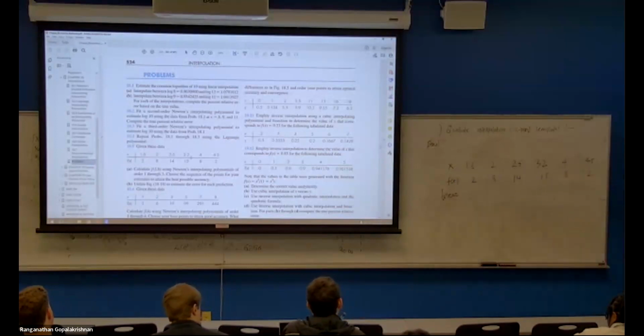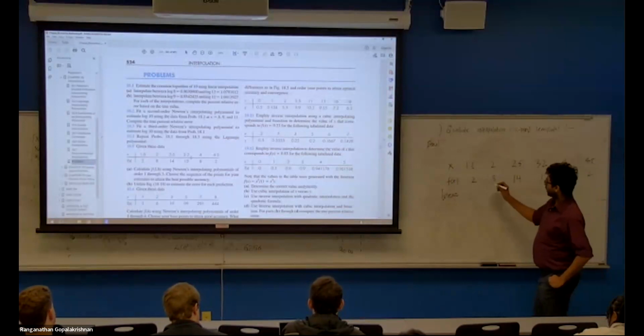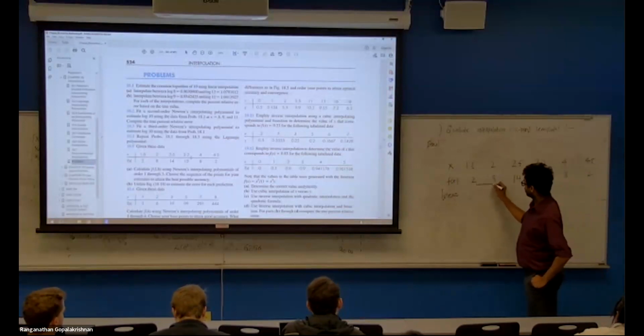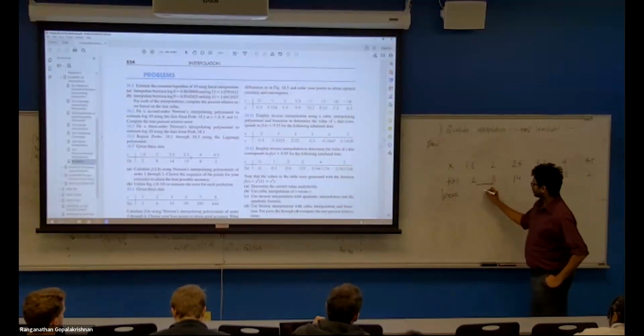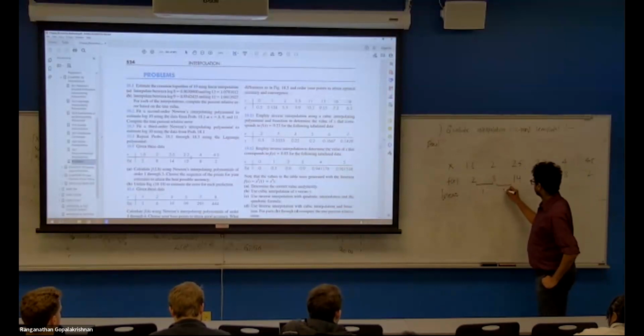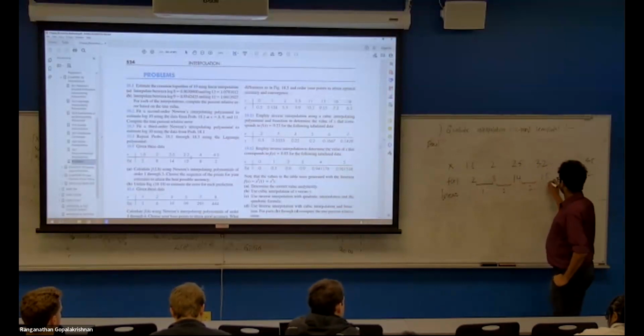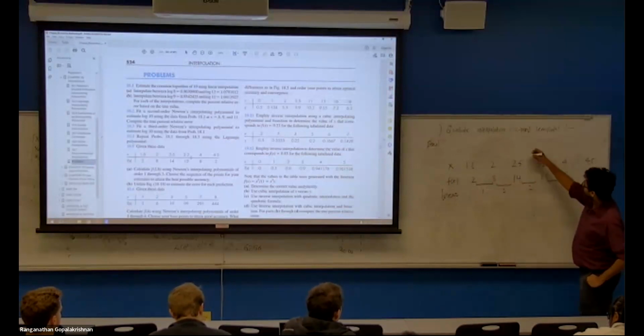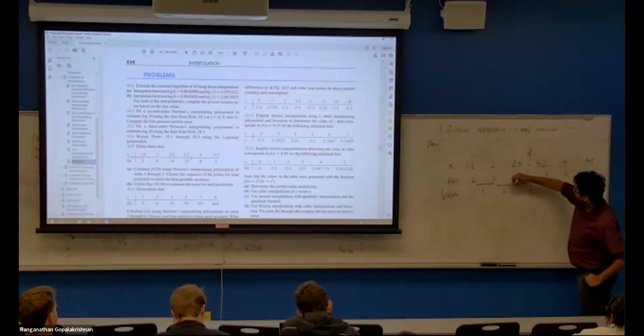Linear interpolation for any interval, say for this interval, there is only one choice of stencil. Right? Any interval has only one choice. That is, if I want 2.8 which lies in this interval, there is only one choice for the stencil, which is these 4 points.